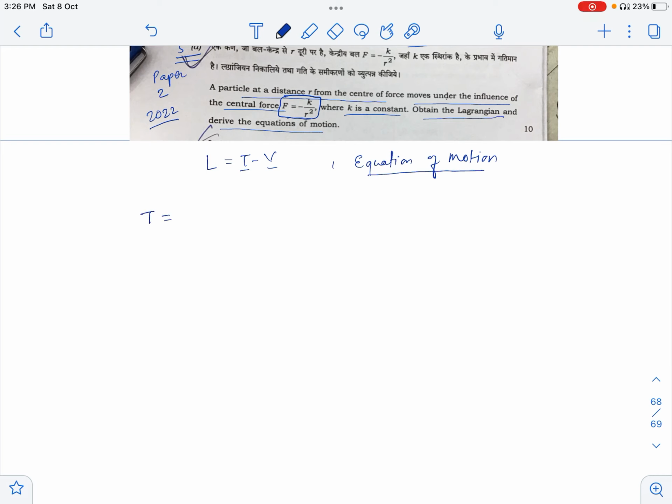T is equal to, in the polar coordinates of 2D, the kinetic energy is 1 by 2 mv square. V square in 2D polar coordinates is r dash whole square plus r theta dash whole square.